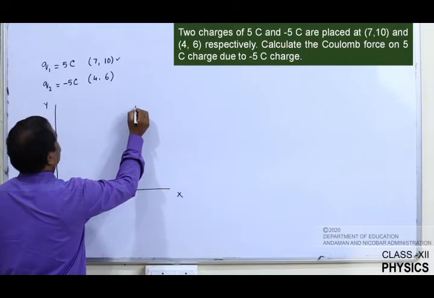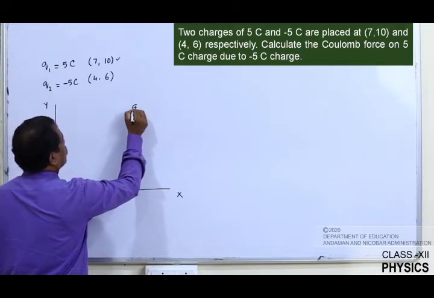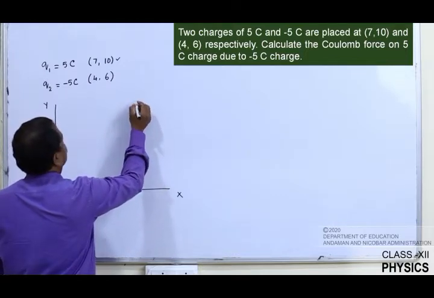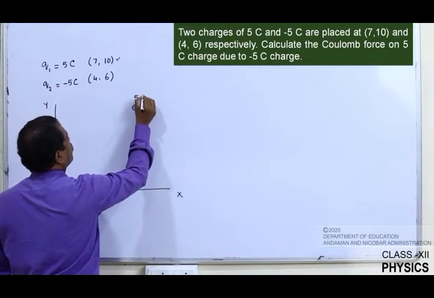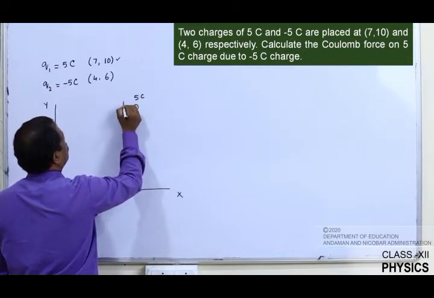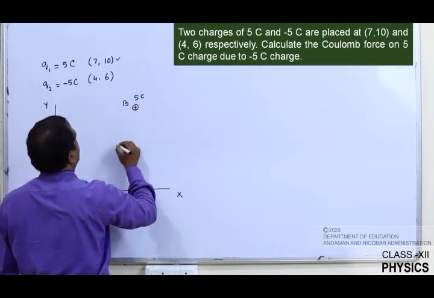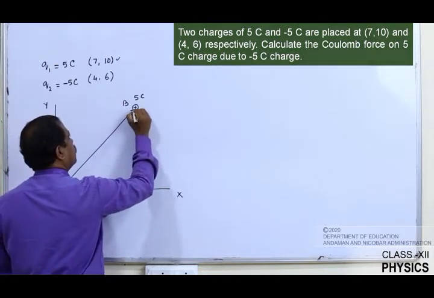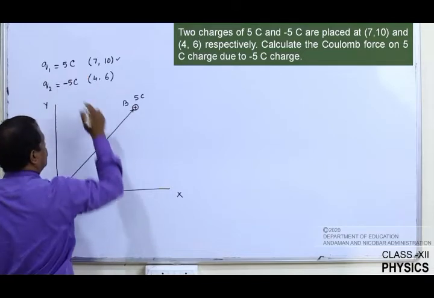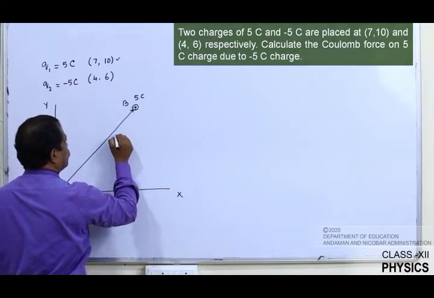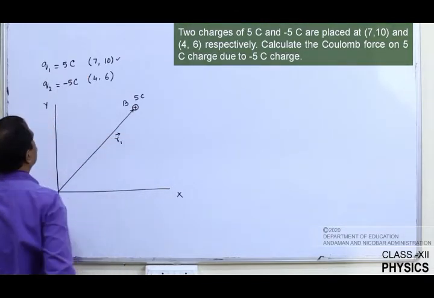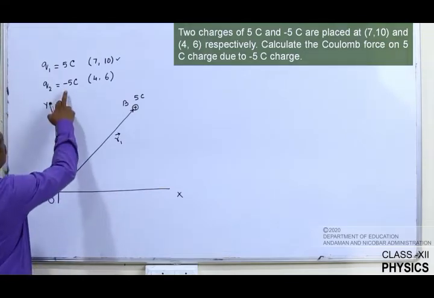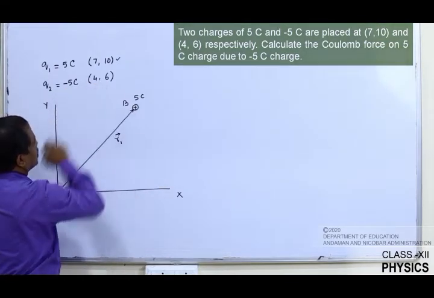This is my positive charge. So this is 5 coulomb for me. Let me say this is position B, and this has a position vector, let me say this is R1 for me. And the second charge, minus 5 coulomb, is placed at 4, 6.